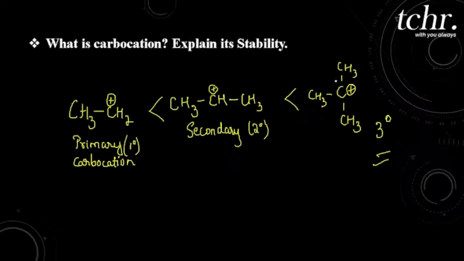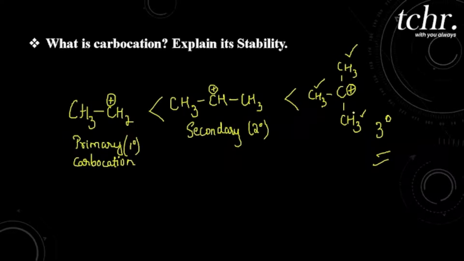So why is tertiary more stable here? Because you can see that the tertiary carbocation is further attached to three alkyl groups, correct? All three are bulky groups here, students. When there are such heavy, bulky groups on it, it cannot react very fast with the incoming nucleophile or any incoming group, because it is already carrying three bulky groups.